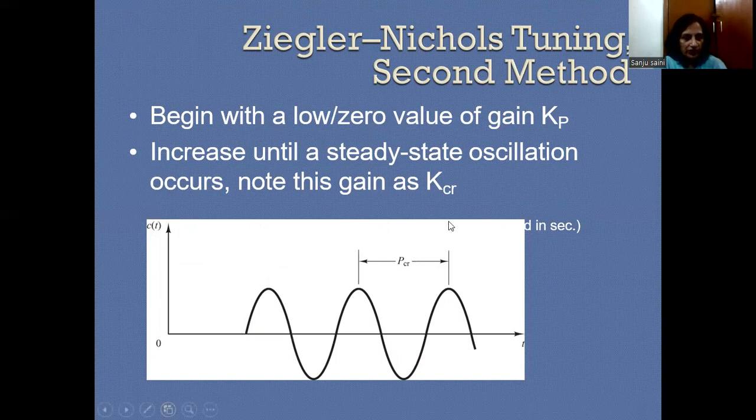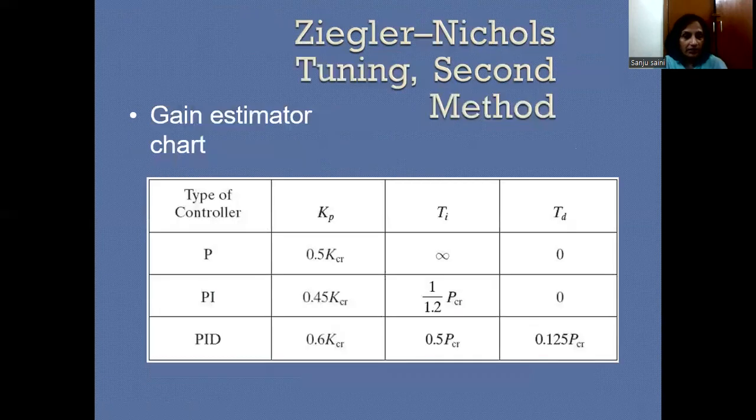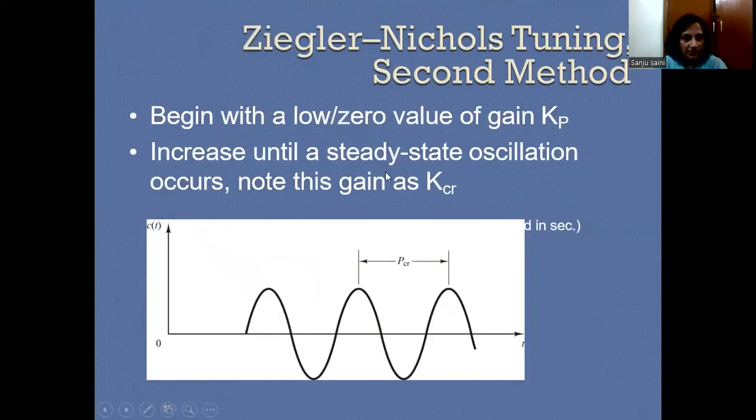Such oscillation will be produced in the system when we keep increasing the gain. This is the value of the gain. This is PCR. This gain is observed and noted, that is KCR, and the distance between two troughs is noted, that is equal to PCR.